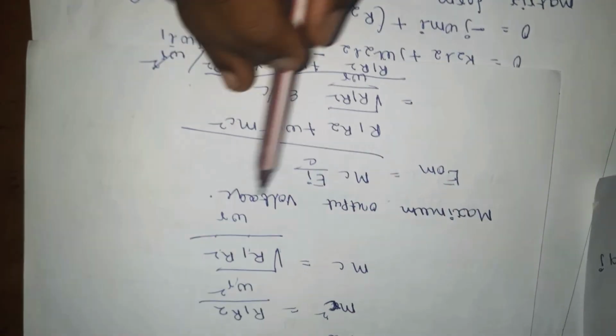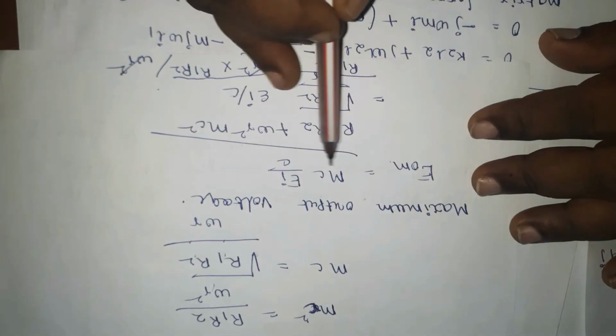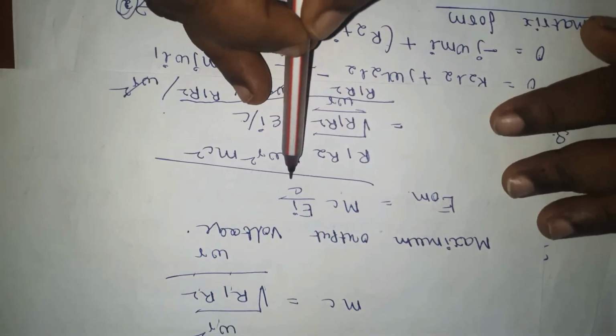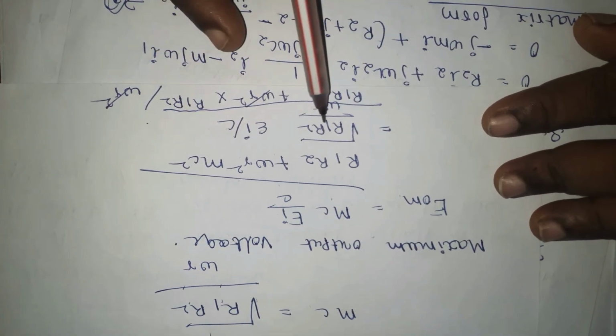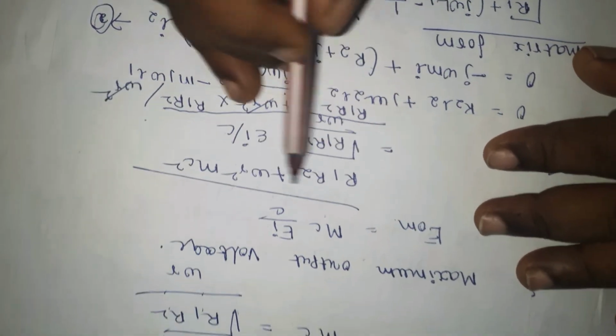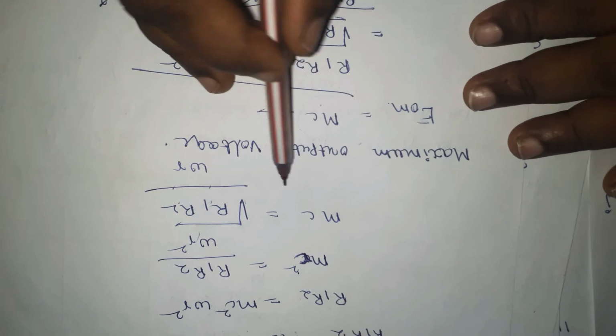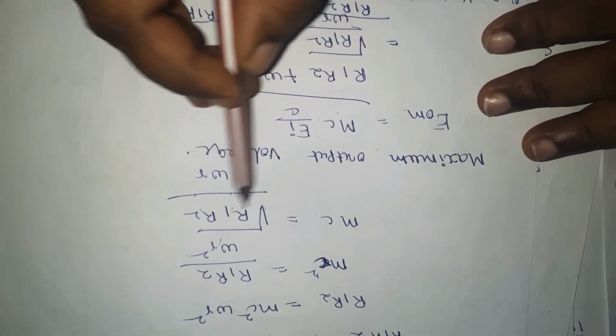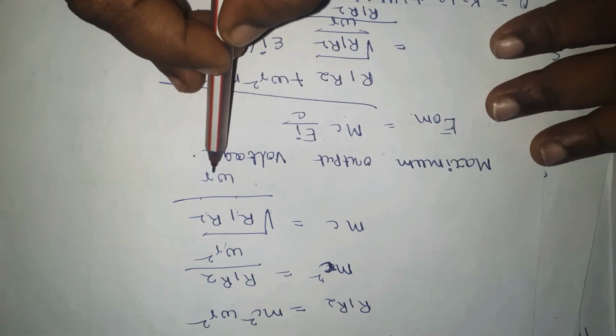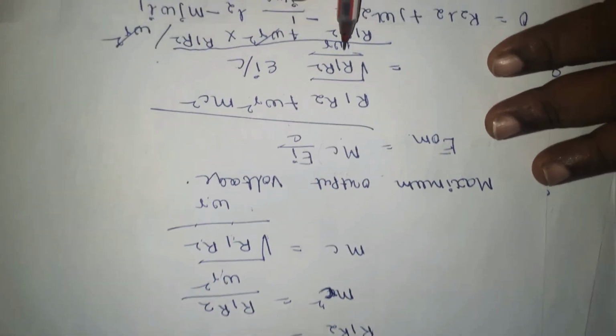Maximum output voltage E0r max is equal to Mc Ei by C divided by R1R2 plus ωr²Mc². So here you get a separate equation for Mc: Mc is equal to the square root of R1R2 divided by ωr. You put this equation here.